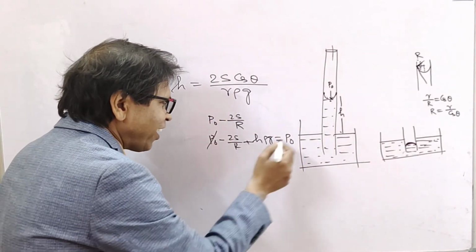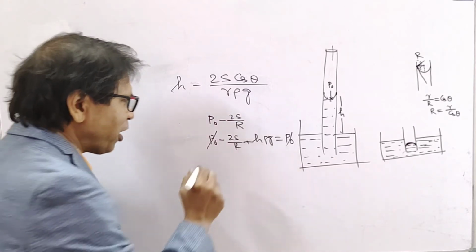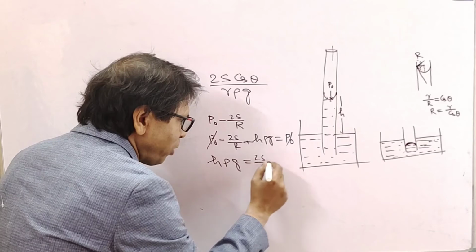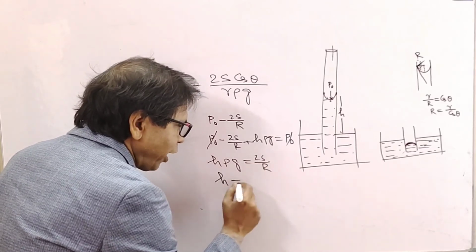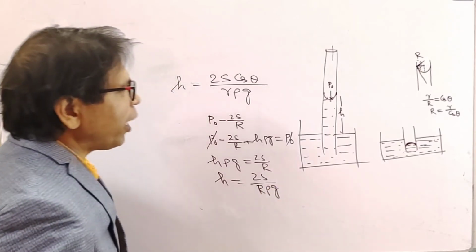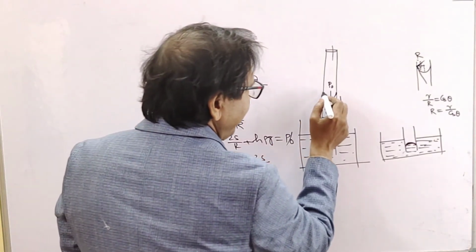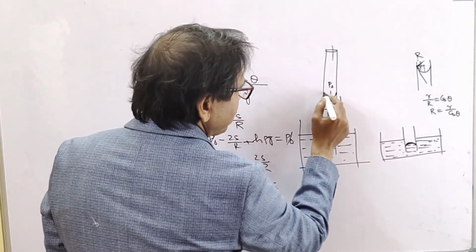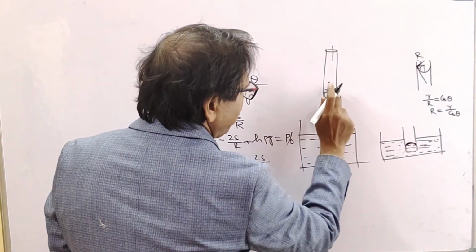Now this and this cancel out. So look at this. h rho g is equal to 2S by R. Therefore h equals 2S by R rho g. Now look at this. Capital R is the radius of the meniscus, and smaller r is the radius of the capillary tube.